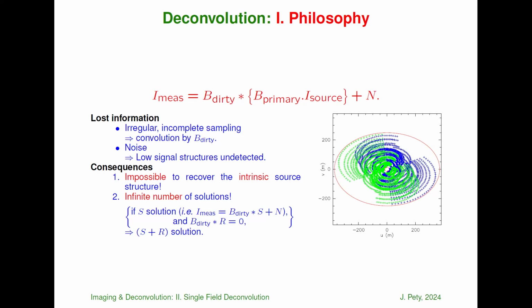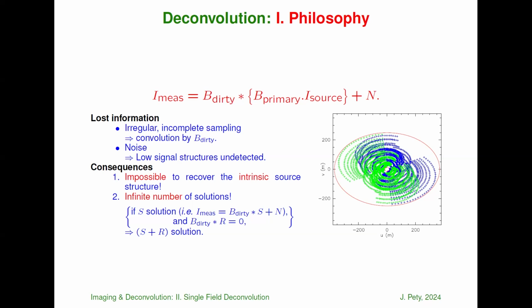In fact, it's very easy. You take whatever function has some value where you don't have measurement and 0 elsewhere. When you have measurement, you put 0 for R, and elsewhere you put whatever you want. This gives you exactly this property.